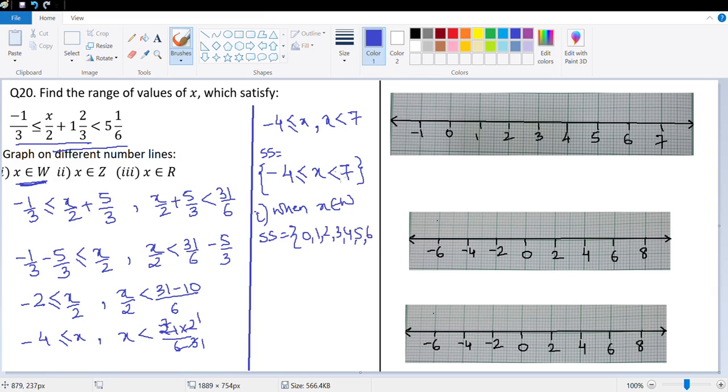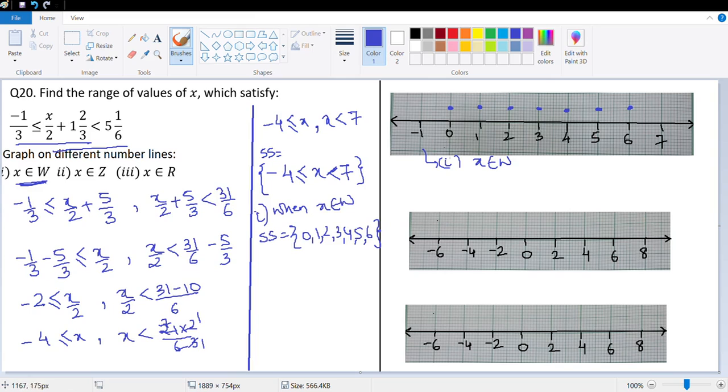Why not 7? Because this is less than 7, so only till 6. Let's plot them on this number line. This is for part 1 when x belongs to whole numbers. So my solution is 0, which means I put a dot here. 1, 2, 3, 4, 5, and 6. So these are the numbers which are my solution set.